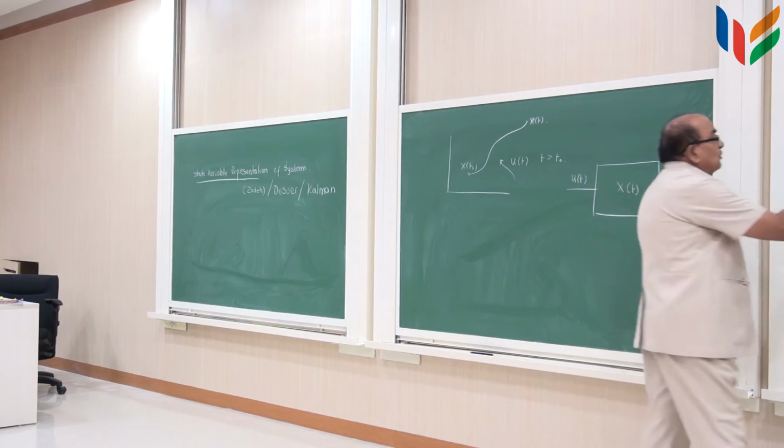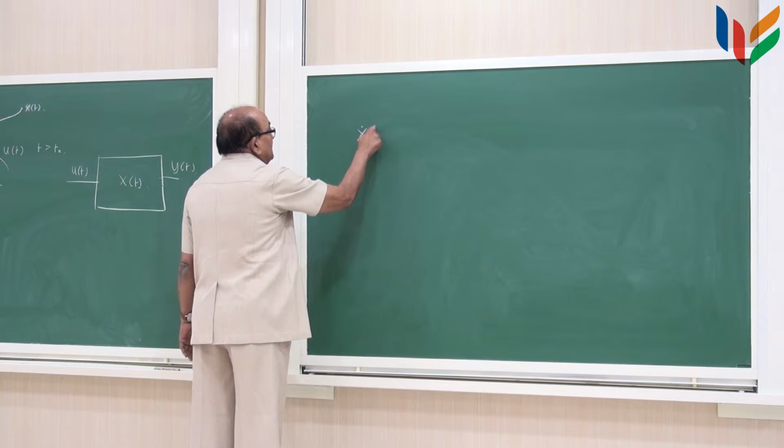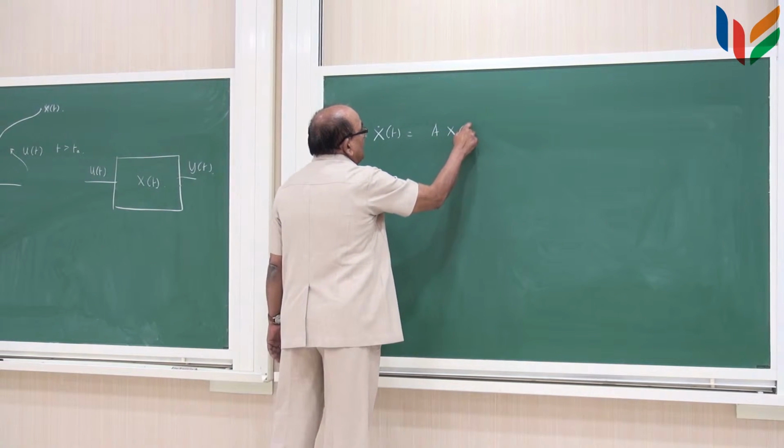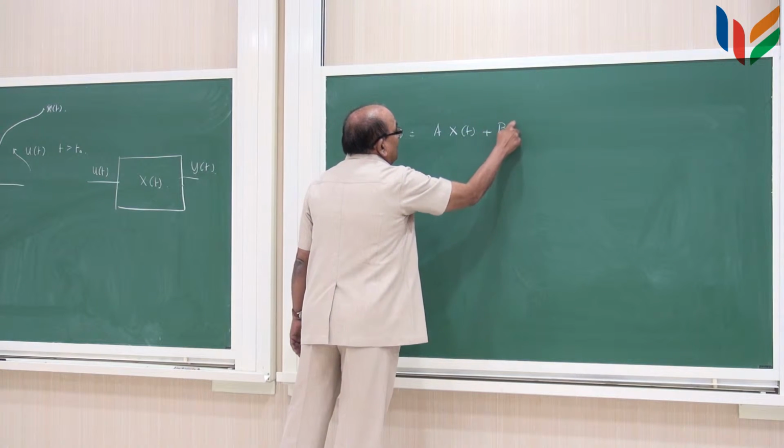The equations we wrote were x dot(t) equal to A x(t) plus B u(t).